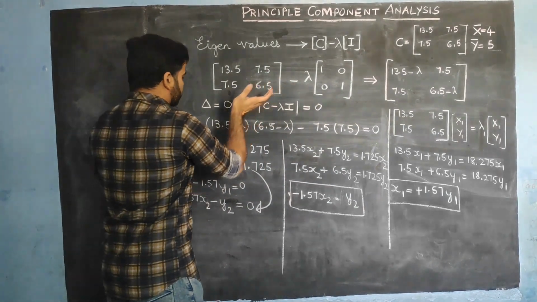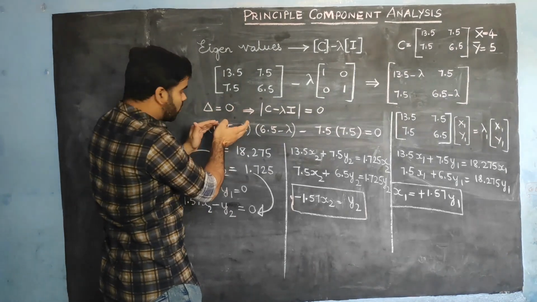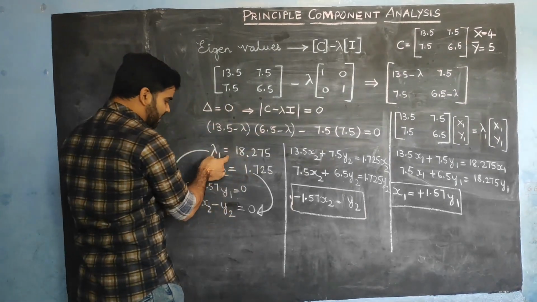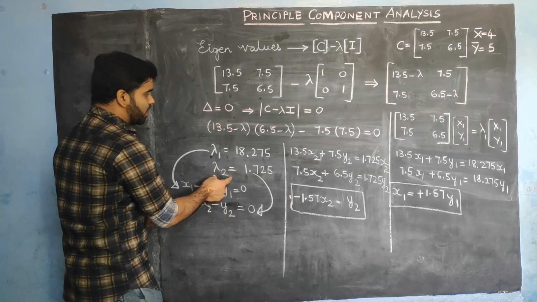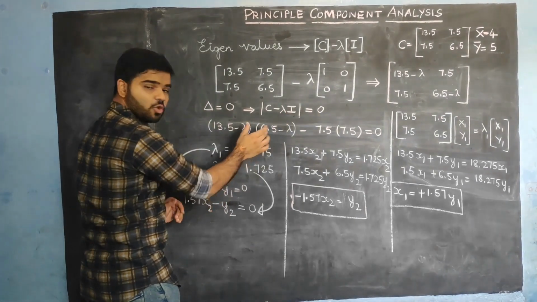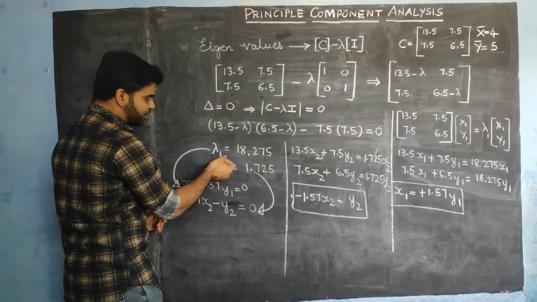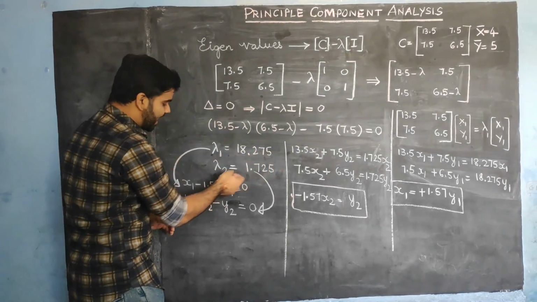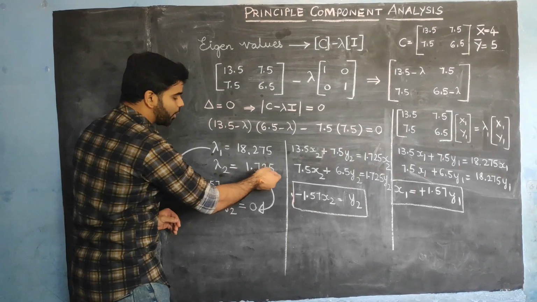By making the determinant equal to 0, we find the eigenvalues lambda 1 and lambda 2. We get lambda 1 value as 18.275 and lambda 2 value as 1.725.